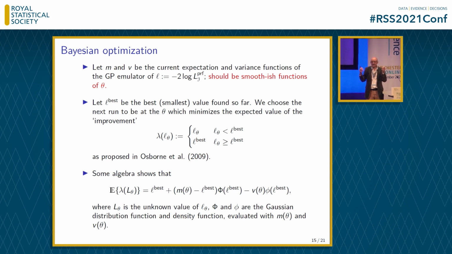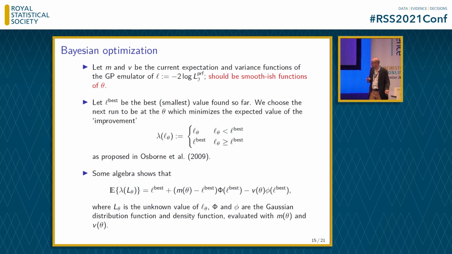The function is uncertain, and so sometimes you want to go off into a corner of the space where the variance is very high and do a run there because it will be highly informative about the function in quite a wide range of theta values. That's the explore step. But exploit says, hey, no, you're running an optimizer. Just go to where you think the function is smallest and keep running around there. Because obviously in the end we want to find the point where the negative log likelihood is smallest.